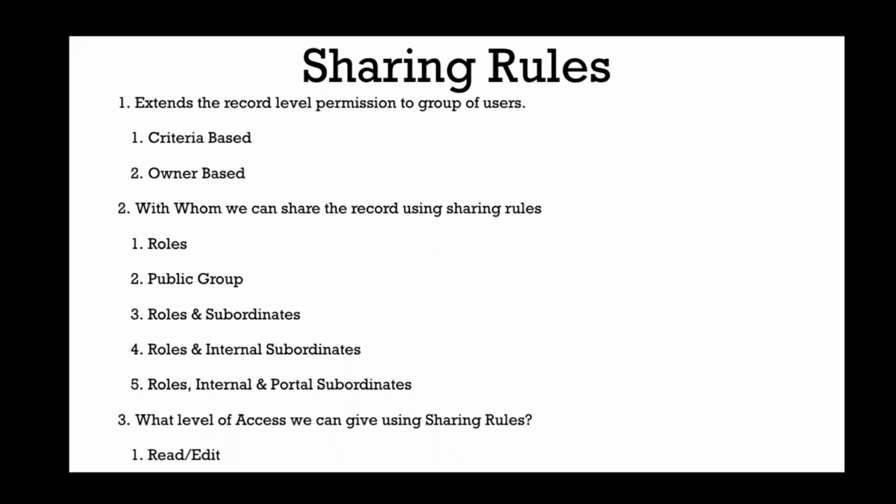We cannot restrict the access using sharing rules. What are the different types that we can create while creating a sharing rule? The options available are criteria based and owner based. As an example of criteria based, suppose that in India we have different states, and in different states we have different users who are working for a particular state.